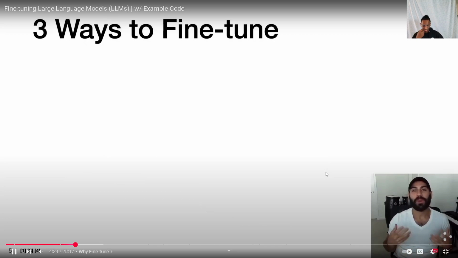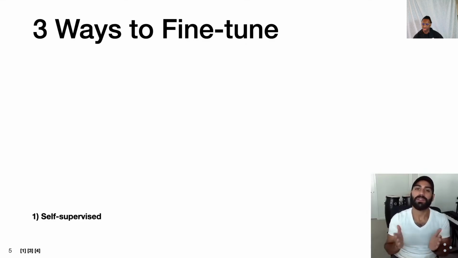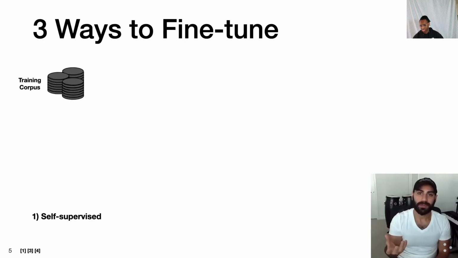Now that we have a better understanding of what fine-tuning is and why it's so great, let's look at 3 possible ways one can fine-tune an existing large language model. The first is via self-supervised learning. This is the same way these base models and foundation large language models are trained. You get your training corpus of text and you train the model in a self-supervised way.